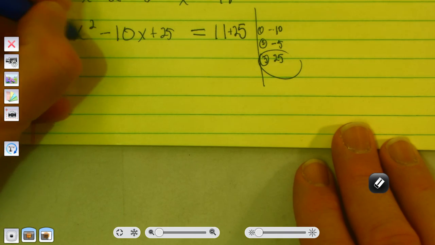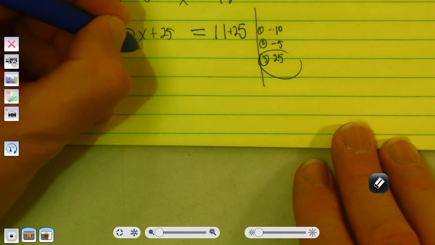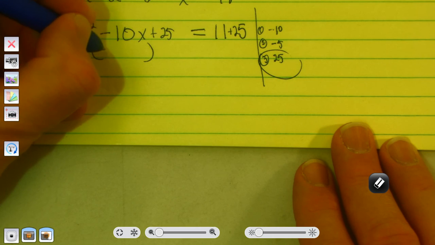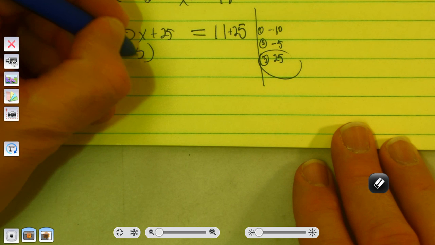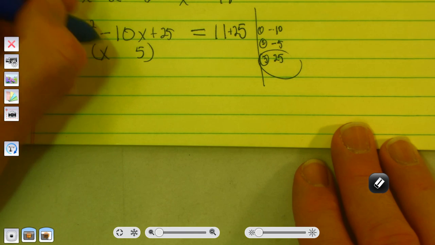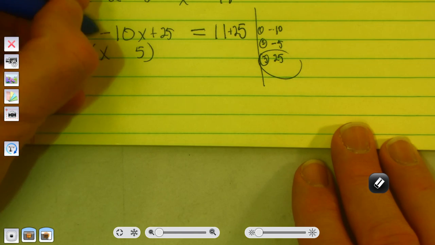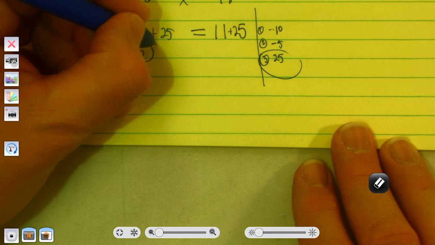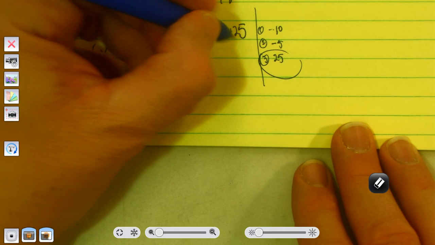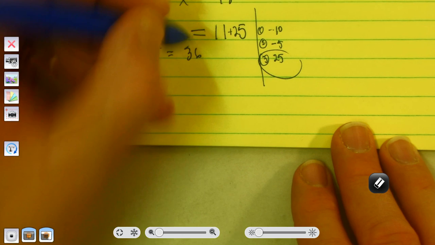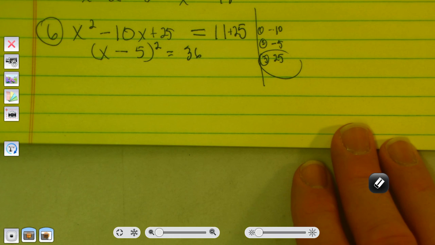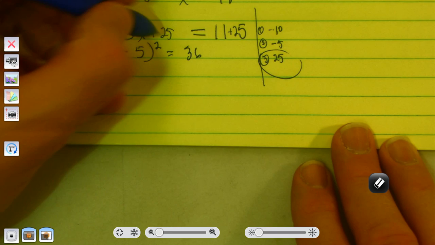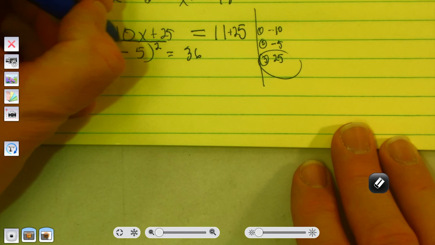This means that x squared minus 10x plus 25 will factor to be x minus 5 squared. Okay, square root of x squared is x, square root of 25 is 5, and we need to bring a negative, so this will be x minus 5 squared equals 11 plus 25, or 36. Perfect.